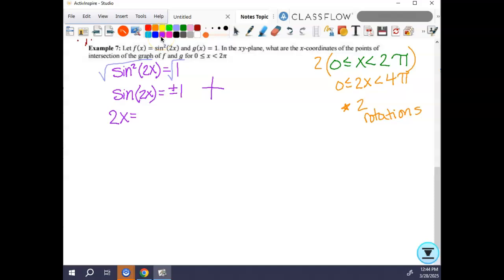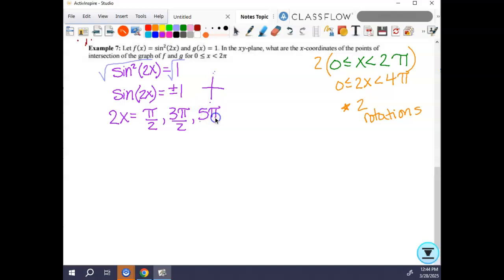Okay. So what angle gives me a sine value of a positive 1? Pi halves, right? And what gives me a value of negative 1? 3 pi halves, okay? So that is 1 rotation. The next time I get to pi halves, what's that measure? 5 pi halves.